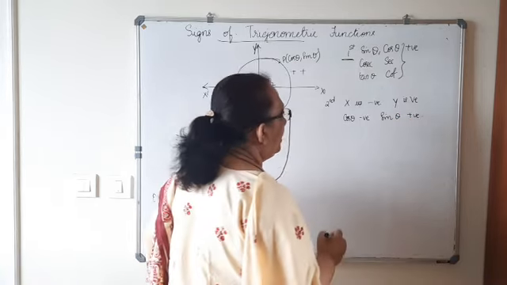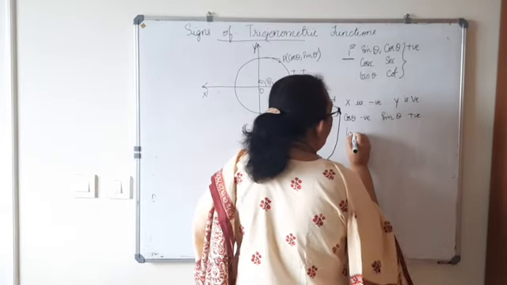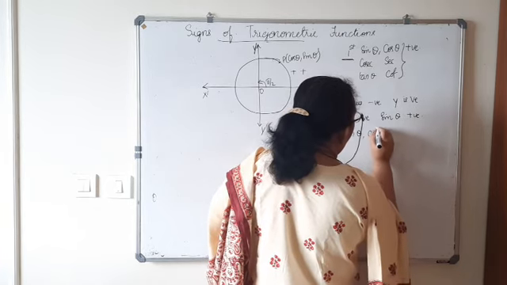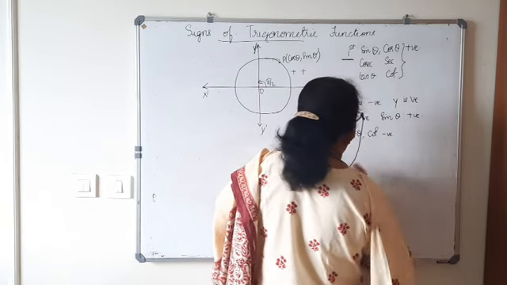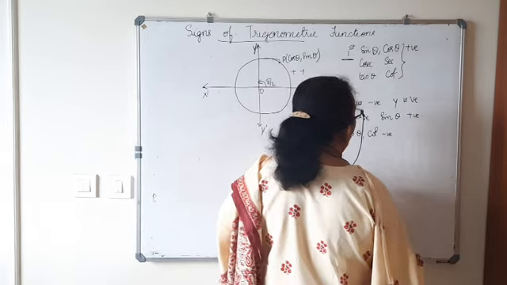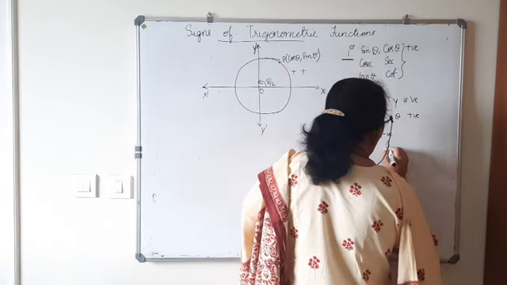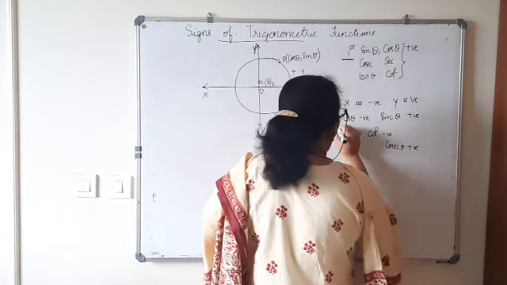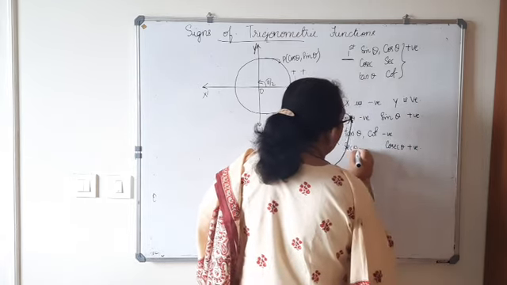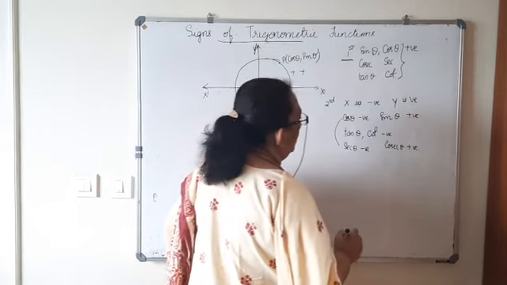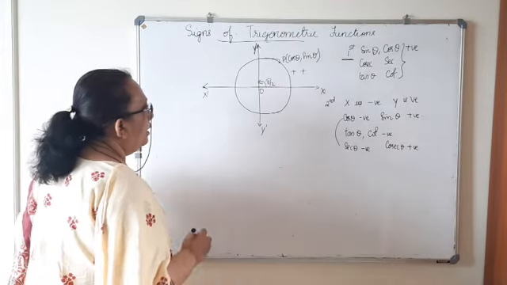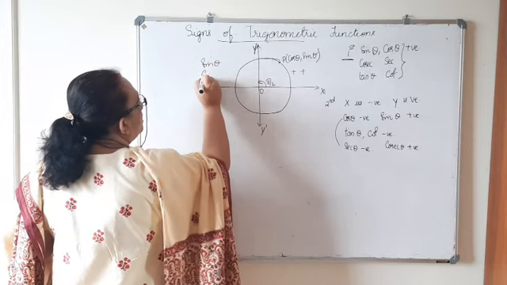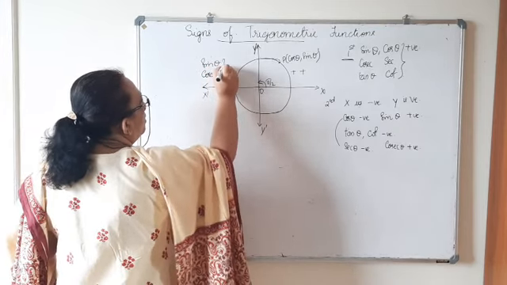Cos theta negative means tan theta will be negative. Cot theta will be negative. Sin theta positive means cosec theta will be positive. But cos theta negative means sec theta will be negative. So in the second quadrant, you can see that only sin theta and cosec theta are positive.